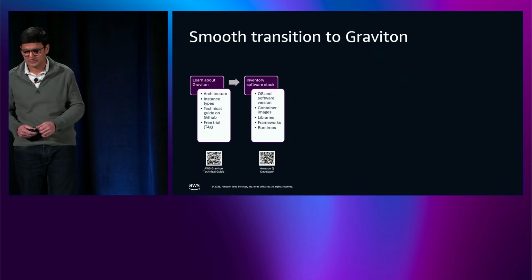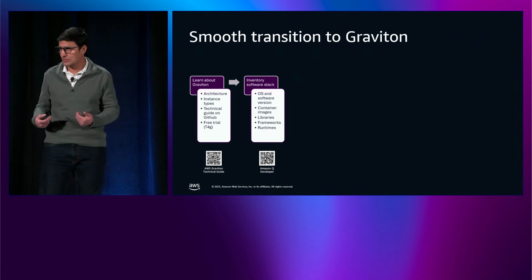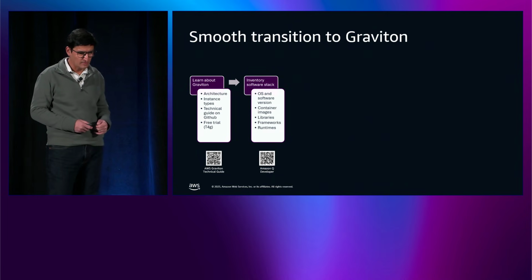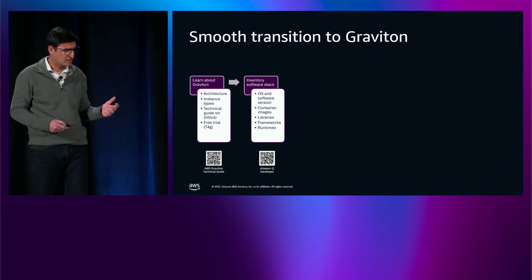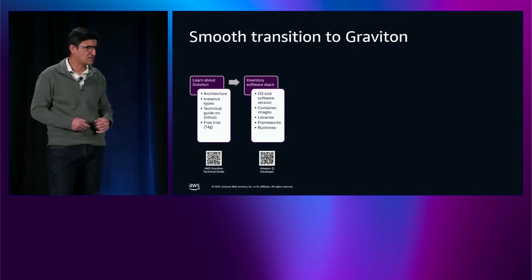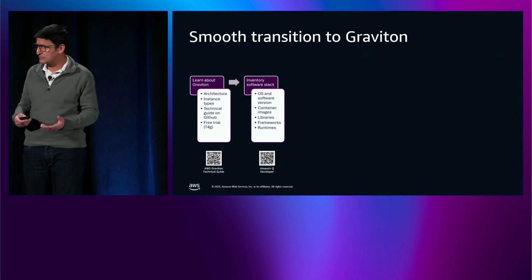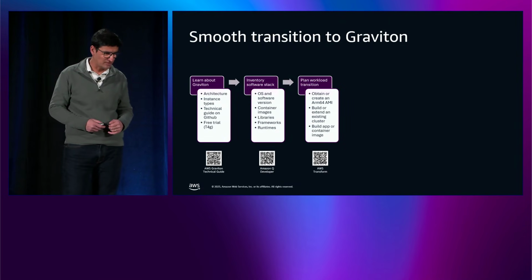Or you can reach out to your AWS account team, who can then escalate it to us, and we can try to help. There are also tools like Amazon Q Developer, which automates some of this for you. It helps with version upgrades of Java, for example. So look into some of those tools as well.